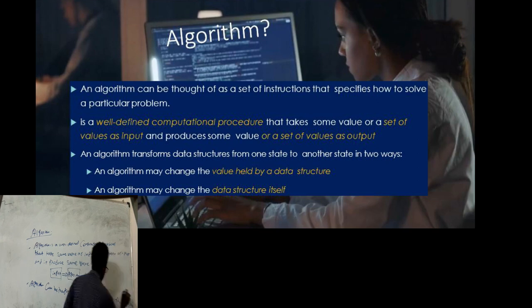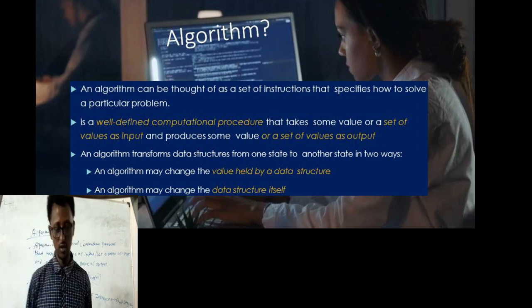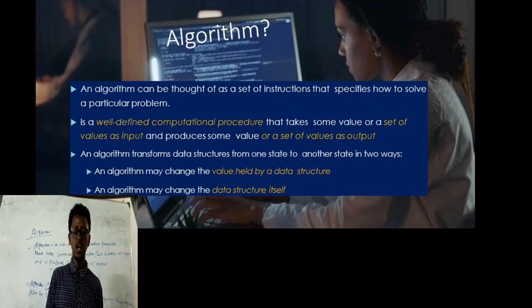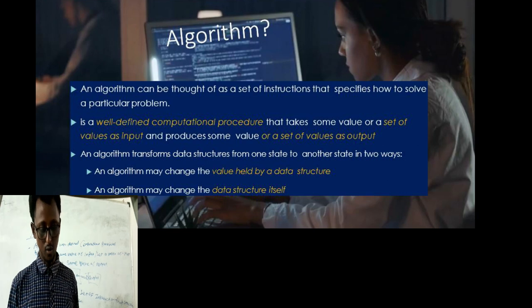This is what we call algorithm, another definition of algorithm. And also how do we define it? It is a well-defined computational procedure that takes some value as input and produces output, as I told you before.